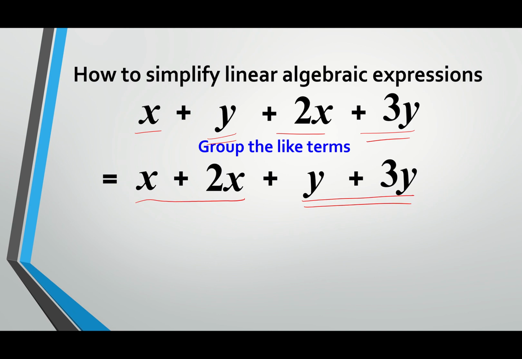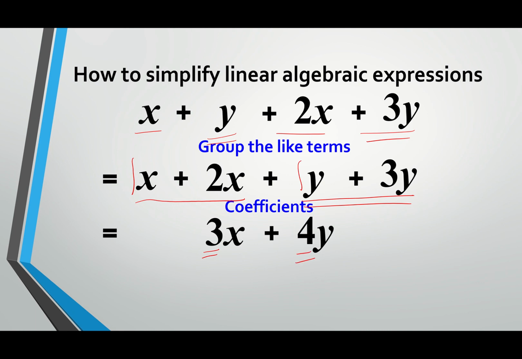Now we simplify by working on the coefficients. We have 1x plus 2x, what will we get? And we have 1y plus 3y, what will we get? If you guessed the answer to be this, you are absolutely correct. 1x plus 2x is 3x. 1y plus 3y is 4y.